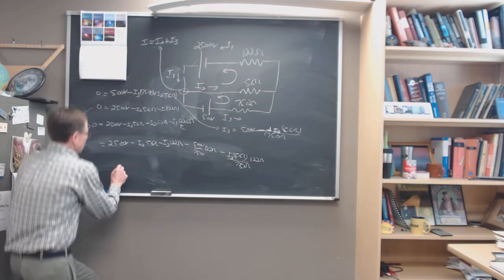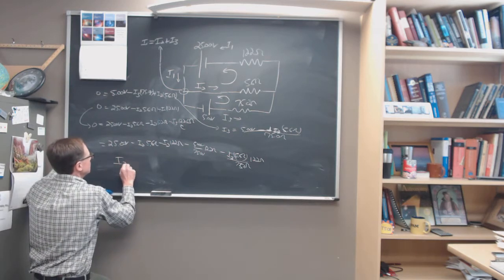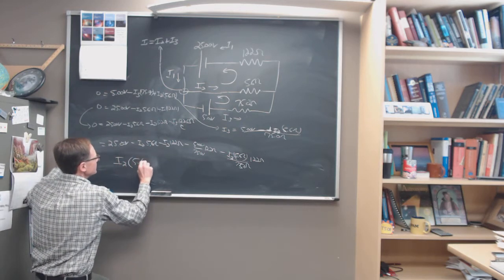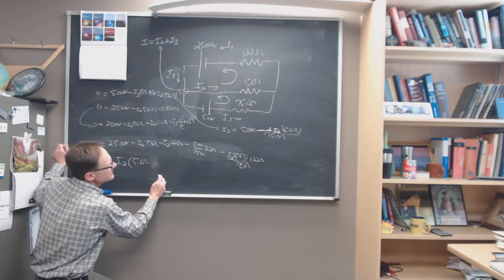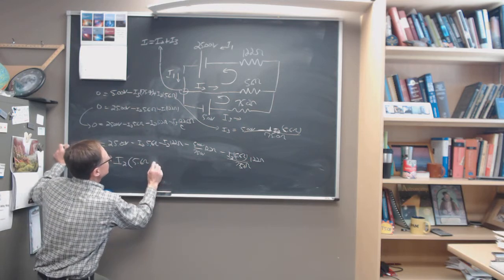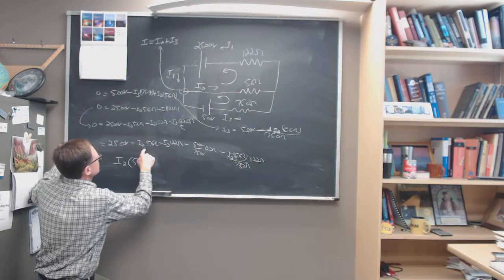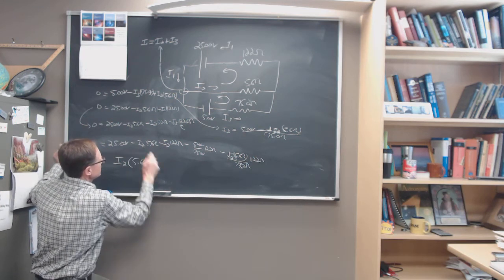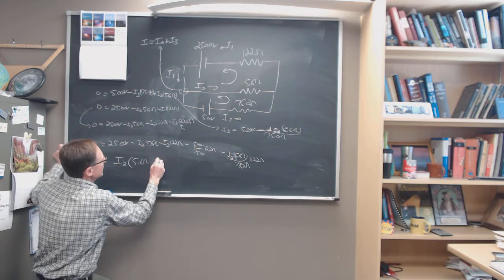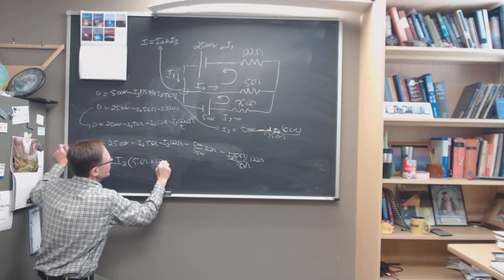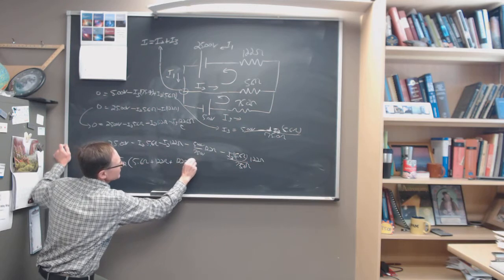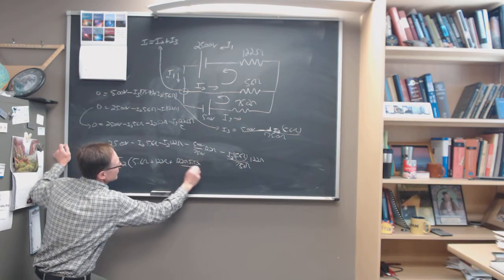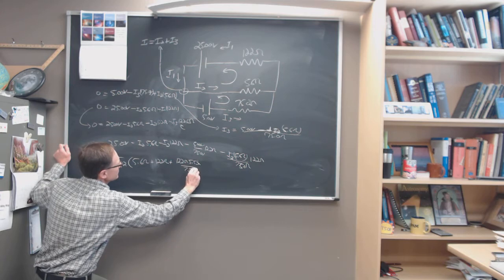And we're going to get I2 times 5.6 ohms plus 122 ohms plus 122 ohms times 5.6 ohms divided by 75 ohms.